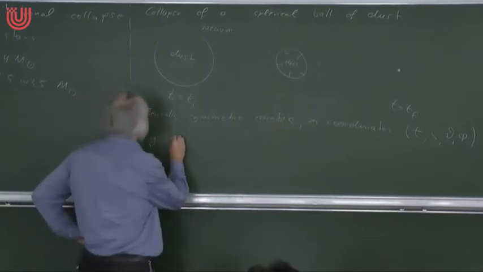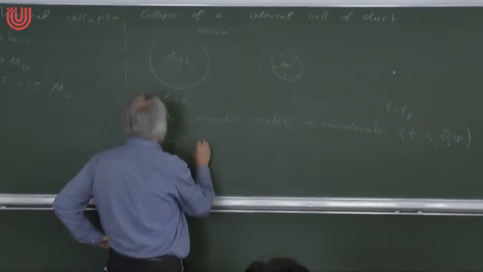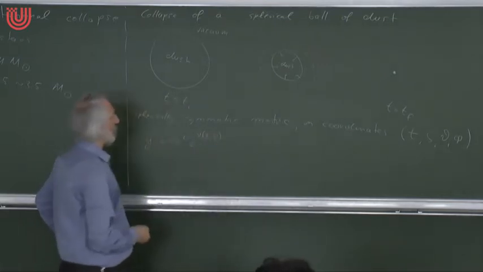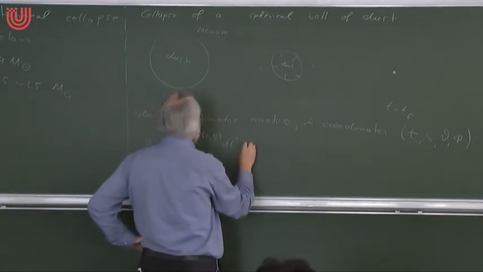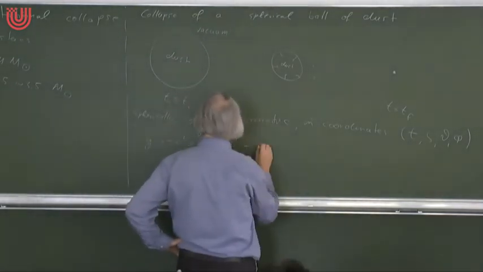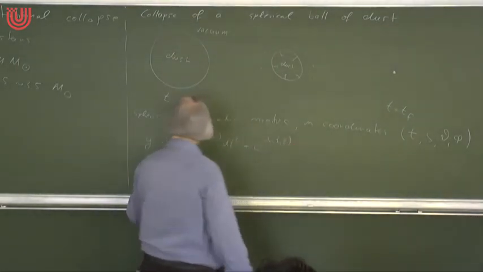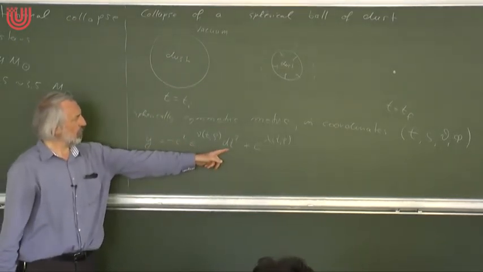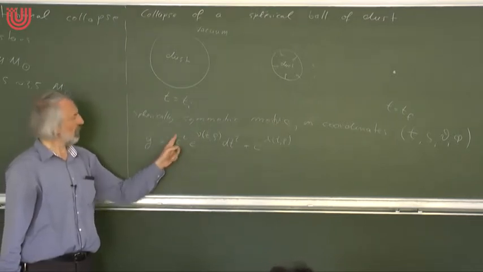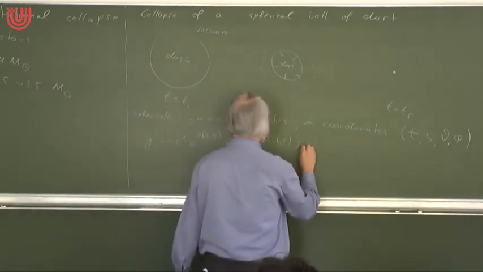And this can be written in this form, minus c squared e to the nu, a function which depends on the time coordinate and the radius coordinate, which I now call rho, times dt squared, then a coefficient of the d rho squared, which I call e to the lambda. So I write them in the form e to the something to make sure that they have the right sign. This is supposed to become a time-like coordinate, so I want to have something negative here. And if I write the coefficient in this form, then this is guaranteed. And similarly, I want to have this positive.